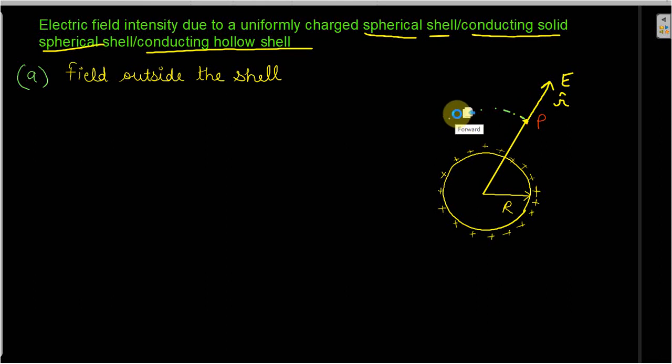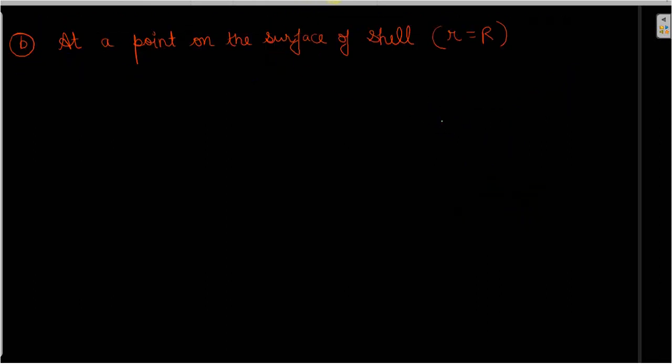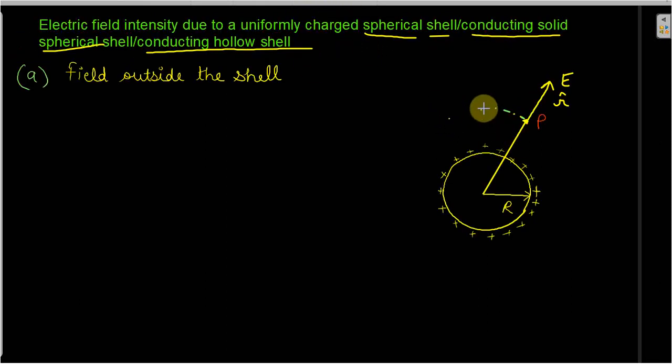So we are drawing here the Gaussian surface, and let the radius of this Gaussian surface be small r. So this is the Gaussian surface. Now we have to find the electric field at this point P. So we'll take a very small area element of this Gaussian surface.